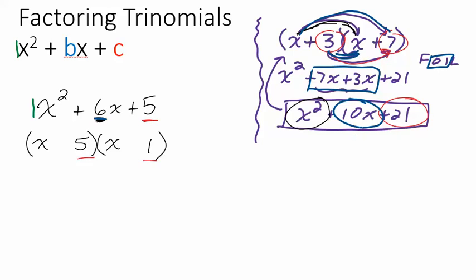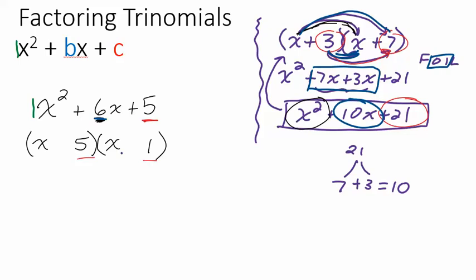So the two numbers that multiplied together to be 21 had to add together to be 10. And if we can find those two numbers, 7 and 3, then we know those are the two numbers that have to be in the binomials in the parentheses before we do the FOIL.